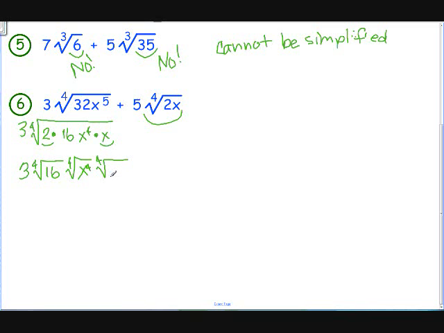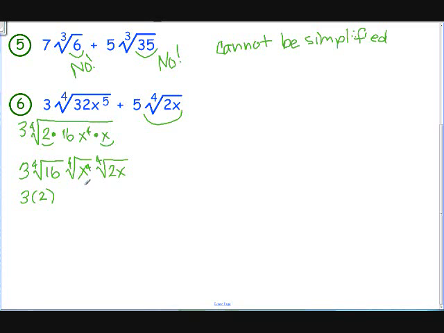Notice how good I'm being. I keep remembering to put in that 4th root of 2x. I'm in business now, because what is the 4th root of 16? You probably know it by now. If you don't, you can take a minute and try it on your calculator. 16 raised to the power of 1/4 gives you 2.